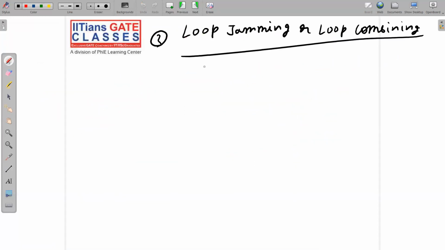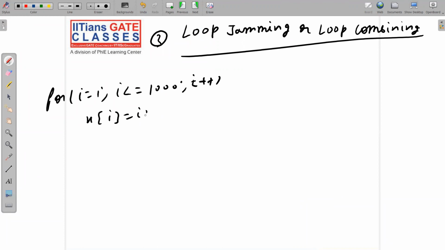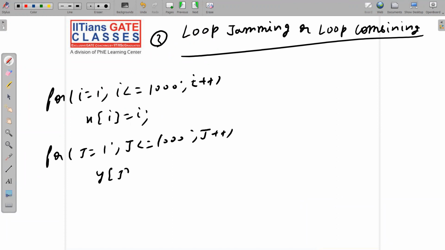Yes, what is this? Let me say it is just the opposite kind of thing. So I will write for I is equal to 1, I less than equal to 1000, I plus plus, xi is equal to I. Again I am writing for j is equal to 1, j less than equal to 1000, j plus plus, yj is equal to j.